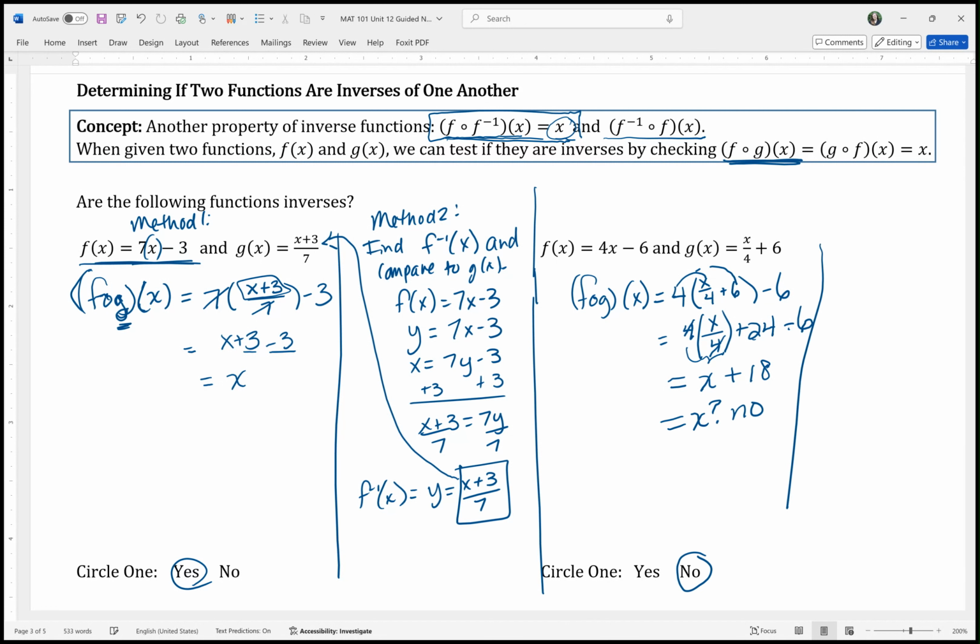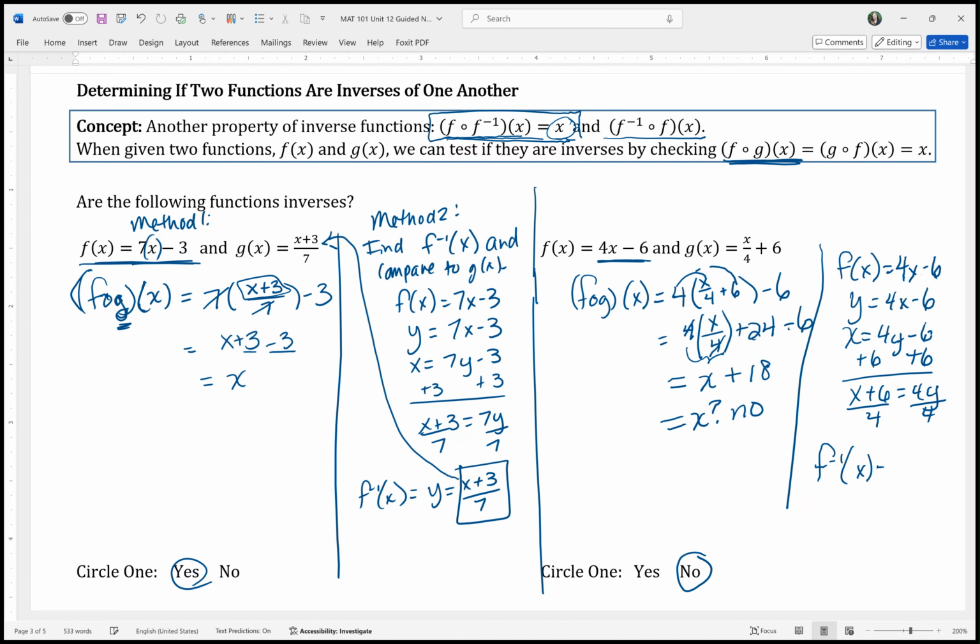Let's try the other method, and that would be finding the inverse of this one. So we've got f of x equals 4x minus 6, y equals 4x minus 6, x equals 4y minus 6, swapping our x and y. Solve for y by adding 6. x plus 6 equals 4y. Divide by 4. So we get our inverse to be (x plus 6) over 4.